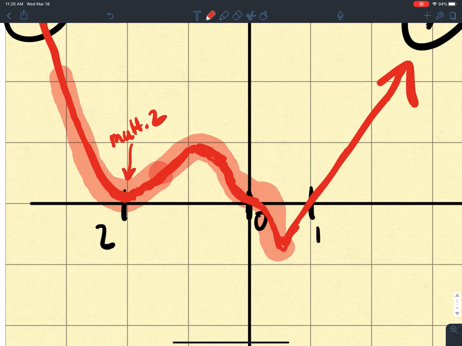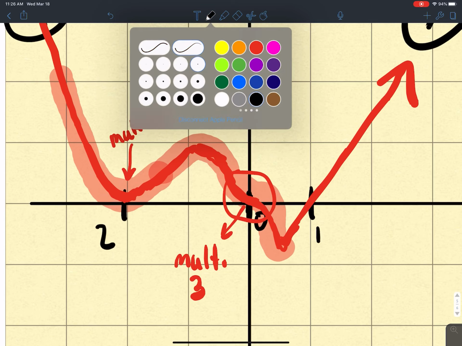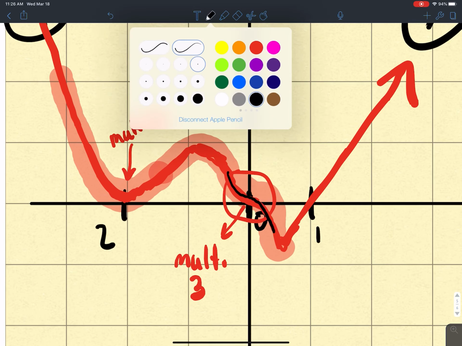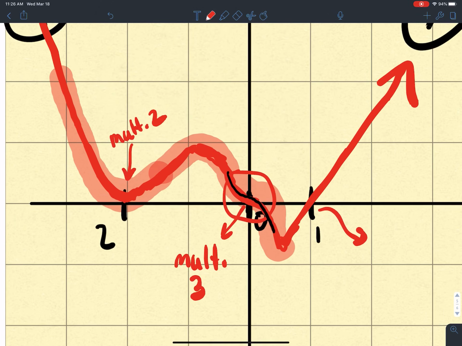So the multiplicity here is a 3, so that means we cut straight through the axis, but we flatten out when we're close to the root. You see the little bend in our curve here? It bends a little bit. But this last one here has a multiplicity of 1, so there's no flattening out, so it just goes straight through without bending any.